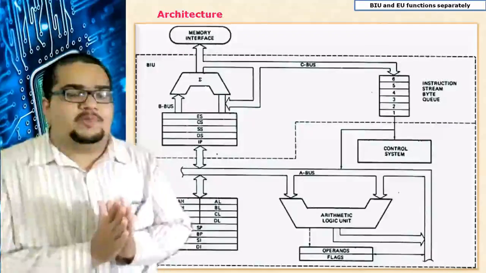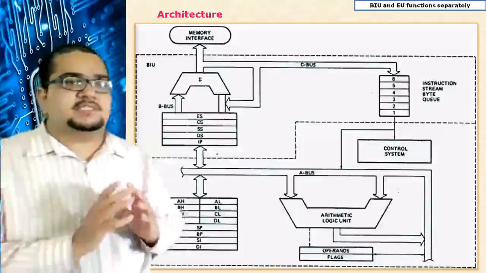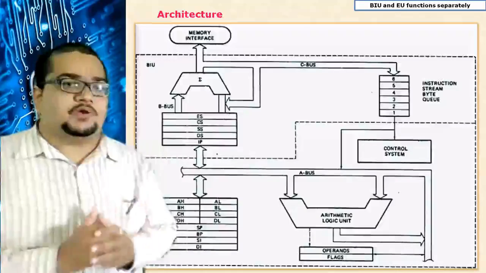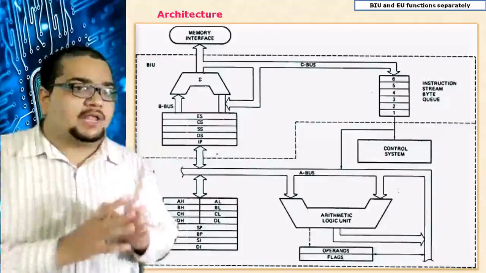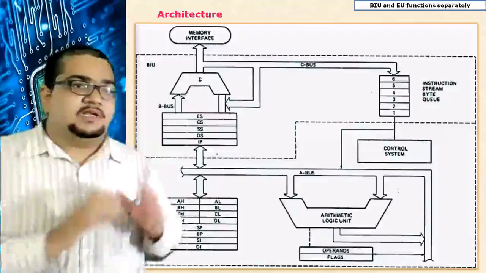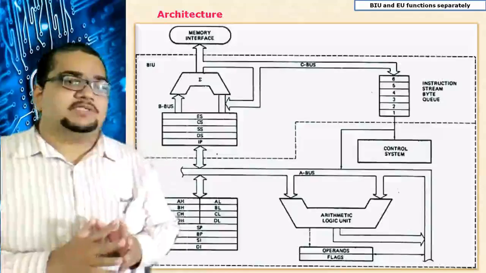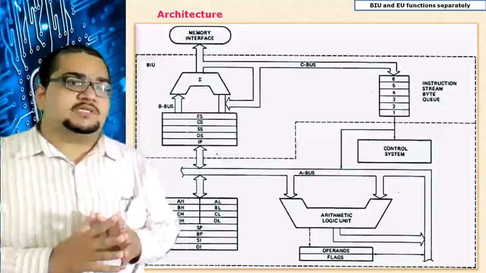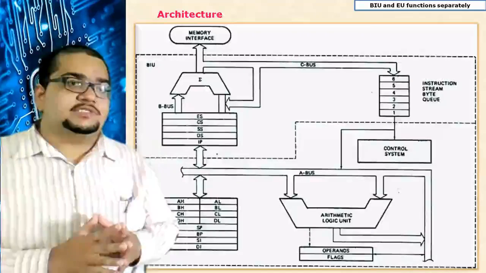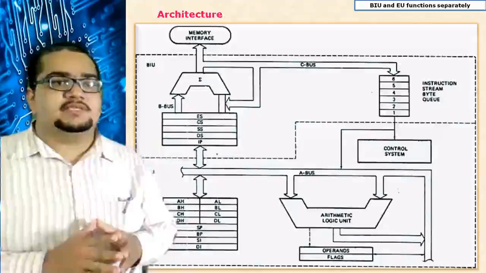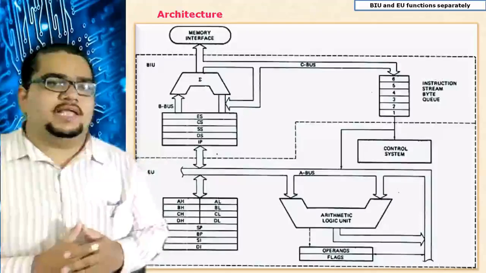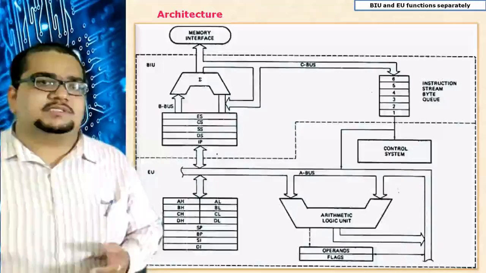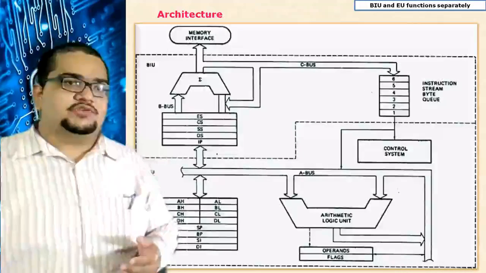The job of the bus interface unit is to fetch the instructions into the processor, to get the instructions and data from the memory and IO devices into the processor. And the job of the execution unit is to take those instructions and data, decode those instructions and finally execute the given instructions according to the program instructed to it. Okay, that is about this bus interface unit and execution unit.